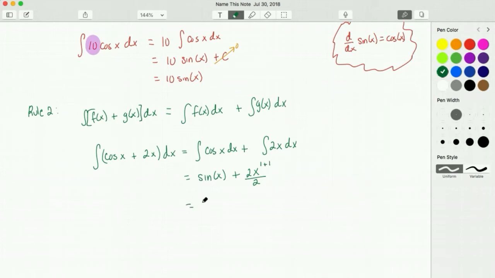So that should be equal to sine of x plus x squared. 2 divided by 2 is 1, so we can cancel those out. And just note that right here, we divide by the value that is increased in the exponent.